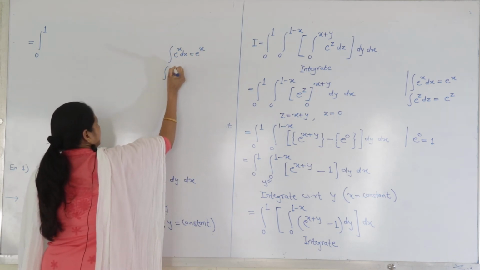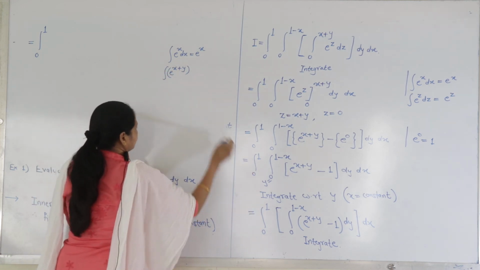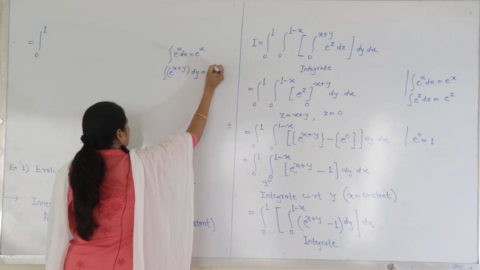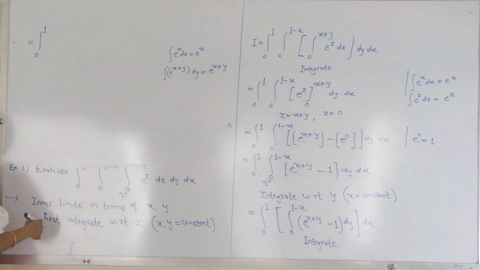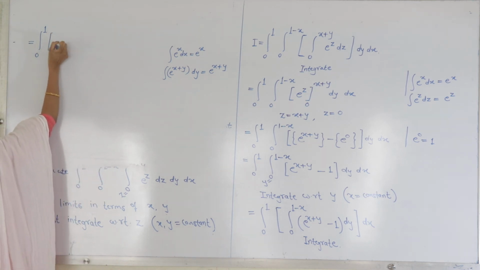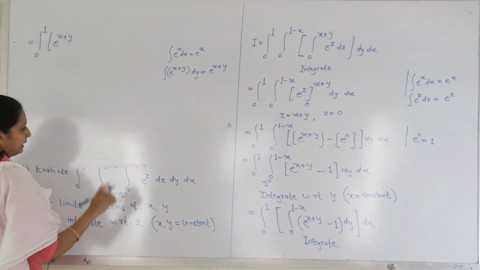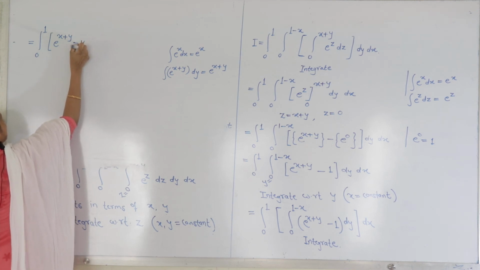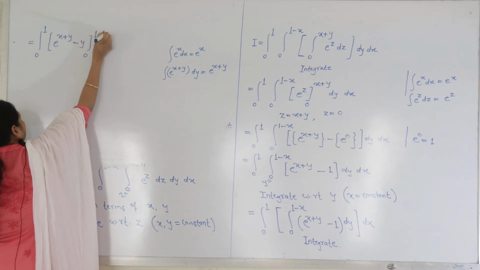Similarly, e raised to x plus y with respect to y will be the same, e raised to x plus y, even though x is constant. Integration of e raised to x plus y is e raised to x plus y, minus 1 dy. Integration of dy is y, from 0 to 1 minus x, dx.